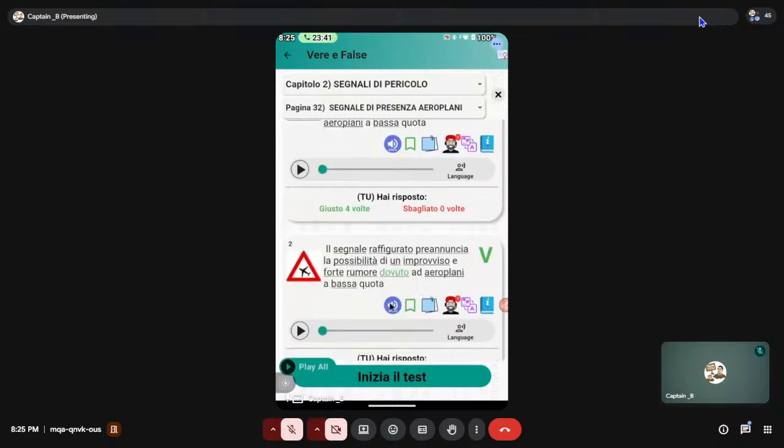Number 2. Il segnale raffigurato preannuncia la possibilità di un improvviso e forte rumore dovuto ad aeroplani a bassa quota. Dovuto means due to, rumore means noise.